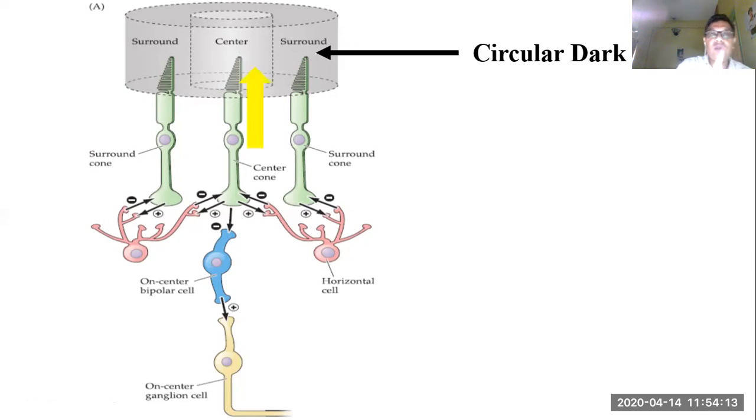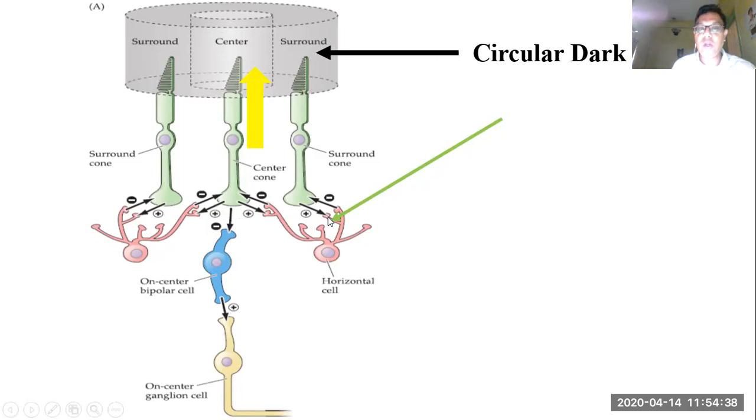First and foremost, when we have the presence of light and the surrounding darkness, we have glutamate coming out of this cell. Now, glutamate is acting as an excitatory neurotransmitter here. Glutamate is inhibitory here, but it is excitatory here.